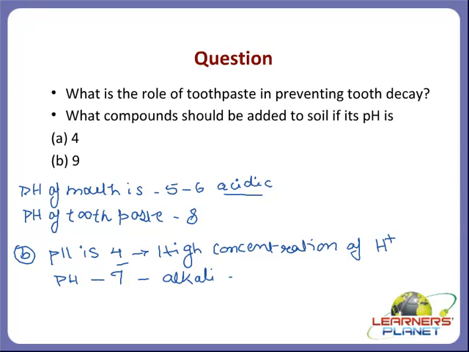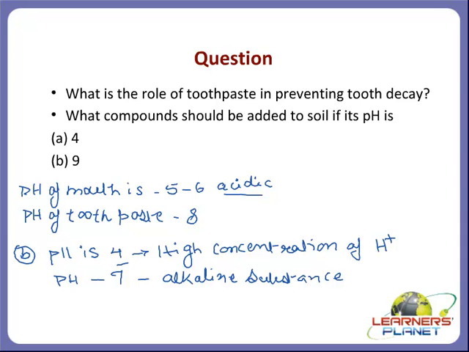Now adding alkali doesn't mean that you straight away add sodium hydroxide; an alkaline substance will do. You can't add sodium hydroxide because that is going to take your pH to the alkaline or basic range. Even that is harmful for vegetation.